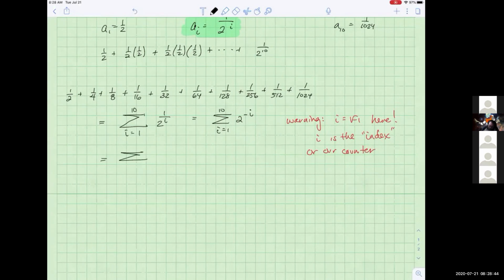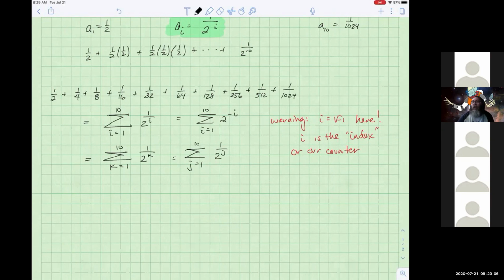You could rewrite this as k equals 1 to 10 of 1 over 2 to the k, or j equals 1 to 10 of 1 over 2 to the j power. It doesn't matter what that letter is. It's just a placeholder for your pattern and your index. Anyhow, that's the idea. Be careful when it comes to that kind of thing.